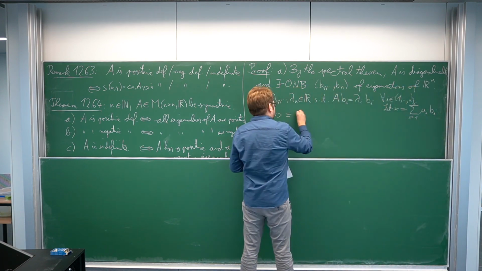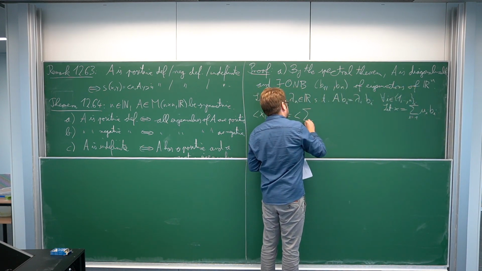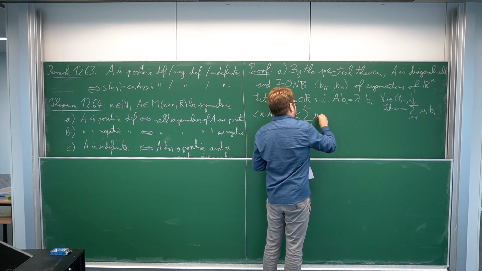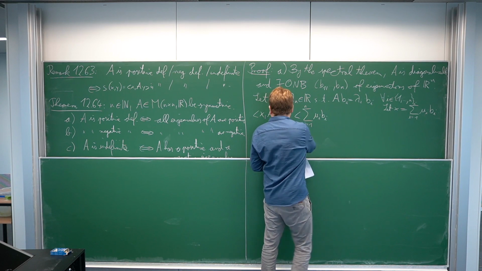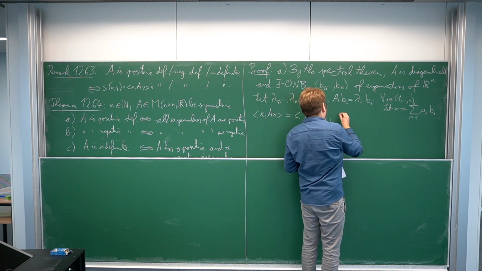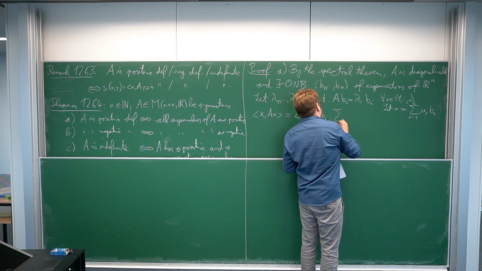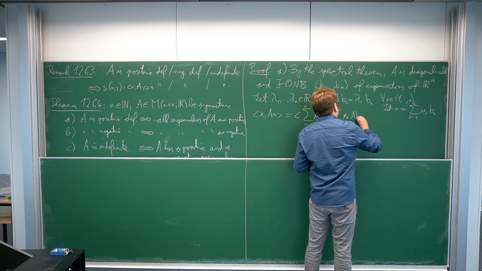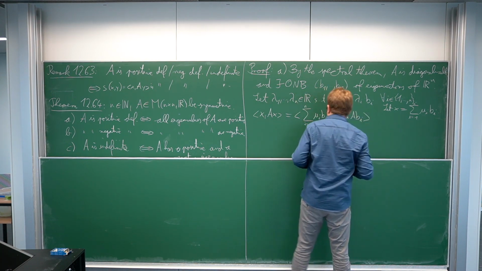Then if we insert this, this would be the inner product of the sum i from 1 to n of mu i bi, and by the linearity of matrix multiplication, or of the map induced by A, this is the sum from i from 1 to n of mu i A bi. Okay.